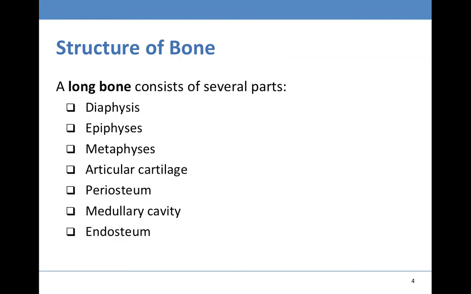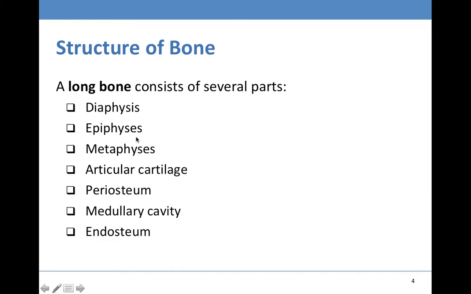Our bones are going to have several parts, and when we talk about the bones, it's best that we go through and talk about a long bone because it will contain all of these parts. So I've listed the parts out for you here. On the next slide, I'll actually point and show as we talk about them. Now, you'll see this "es" here on epiphyses.